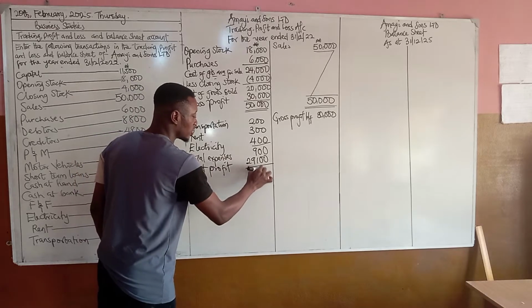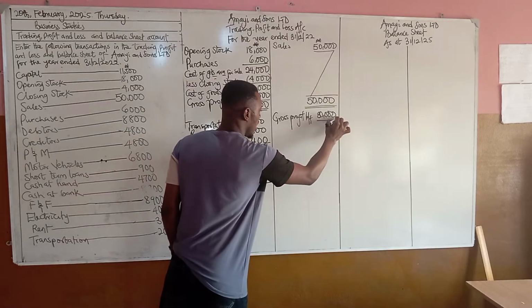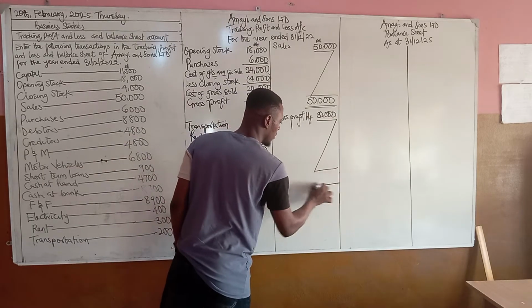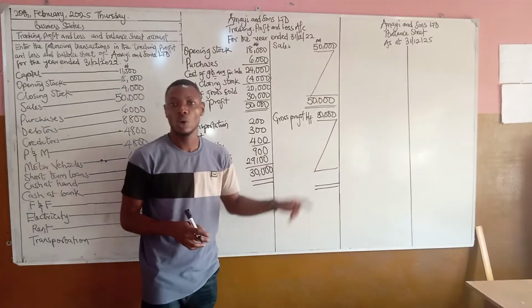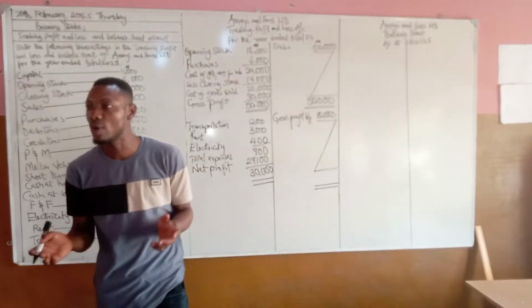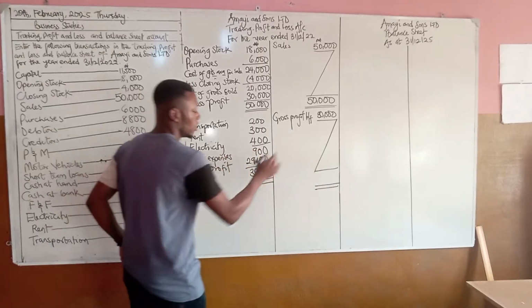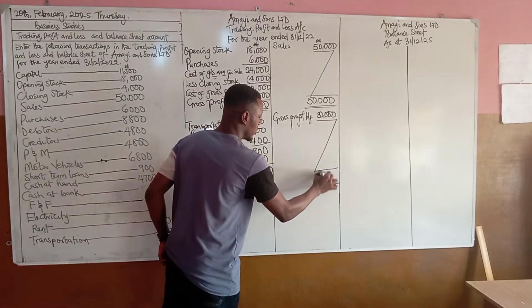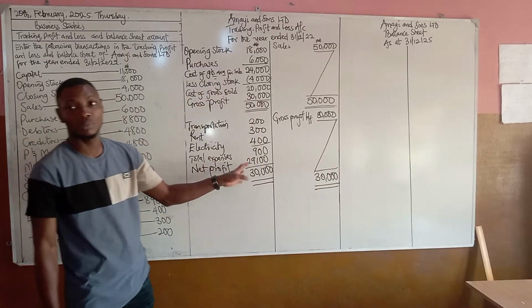Now let me ask us a question before we proceed. If you are solving a question and your total expenses is higher than the gross profit, what does it mean? It's a net loss. Wonderful. So here we have our 30,000, meaning that we've ascertained our net profit.